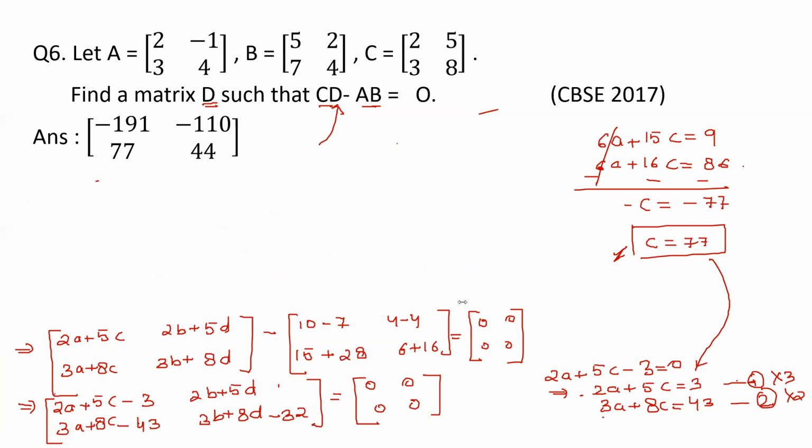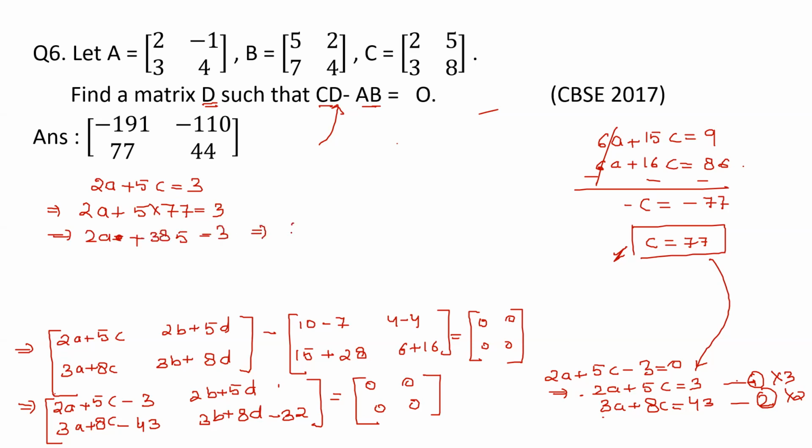Please check, Rifat. If we put this in the first equation, 2a plus 5c is equal to 3. Okay, in place of c, put this value 77. So you will get 2a plus 5 into 77 is equal to 3. So 2a plus 385 is equal to 3.